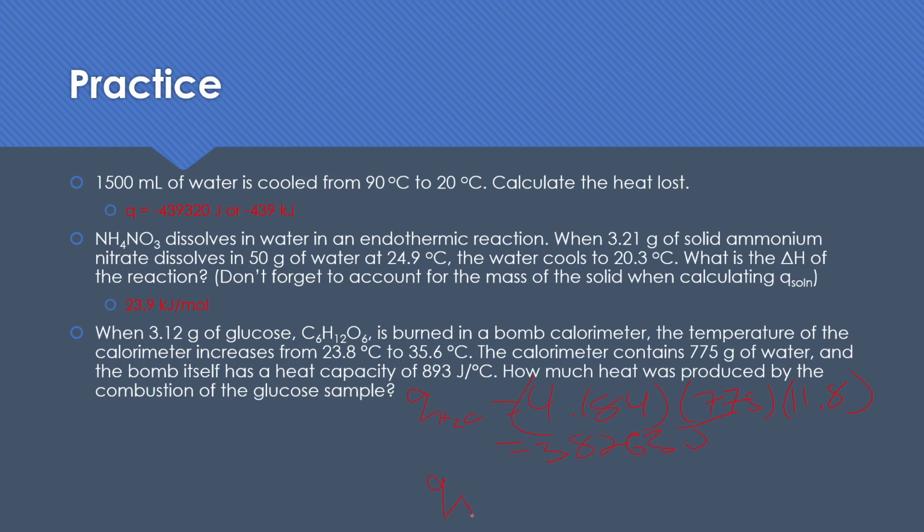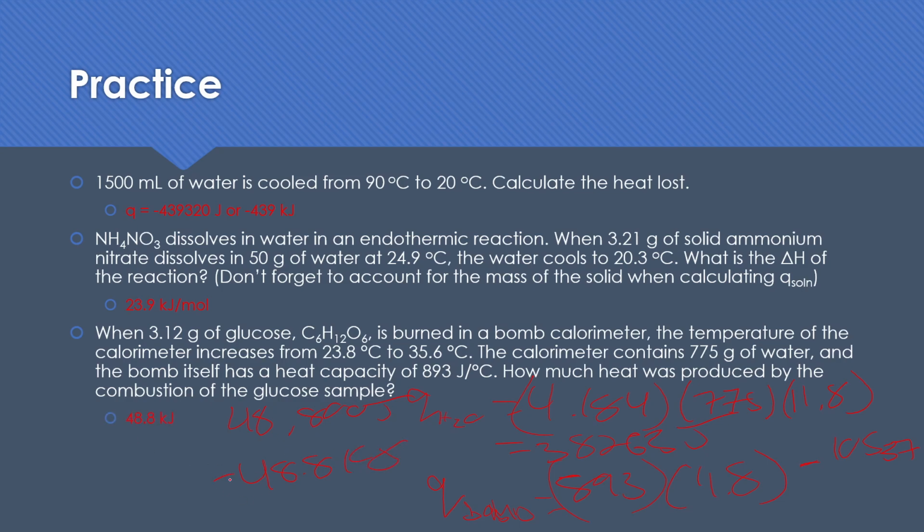And then the Q of the calorimeter is equal to 893 times 11.8. Always going to have the same delta T. So it's equal to 10,537. So you add those together, and you get 48,800 joules, or 48.8 kilojoules.